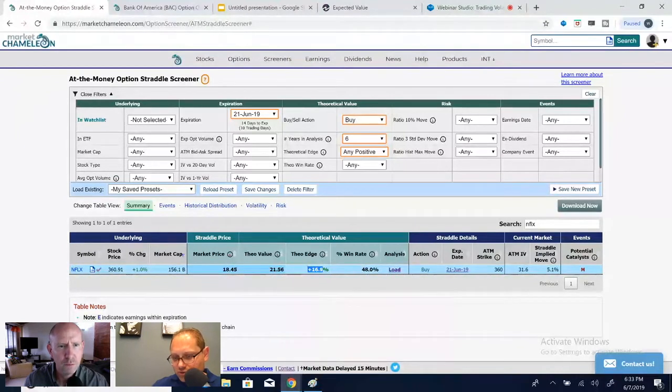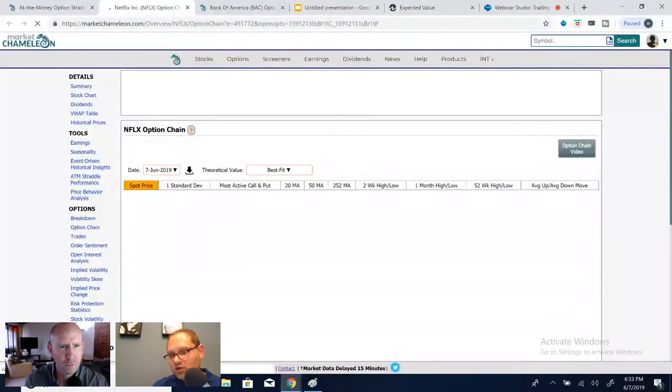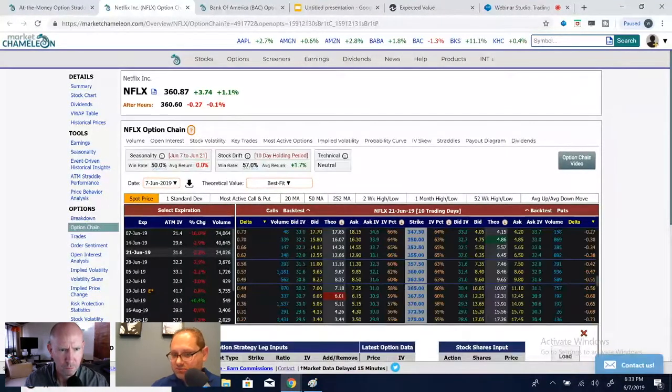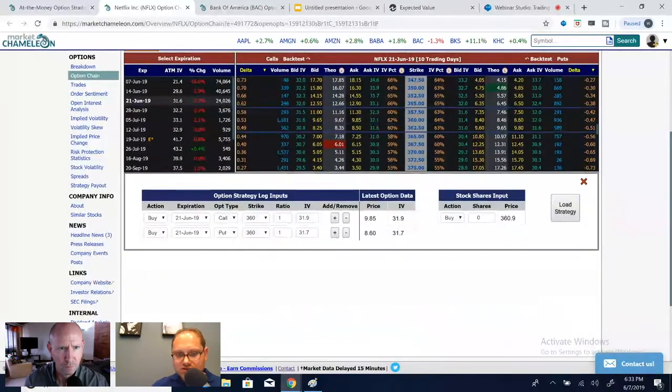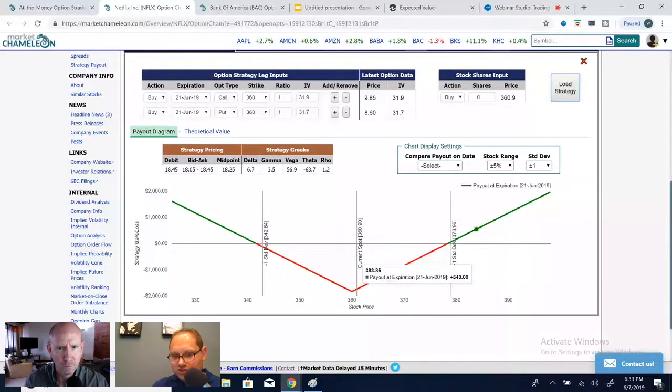Another thing, I'm going to go right now to the options chain. And this is what a lot of people end up doing sometimes. So here's what the straddle looks like in Netflix, right? But let's say you think Netflix is going to move.